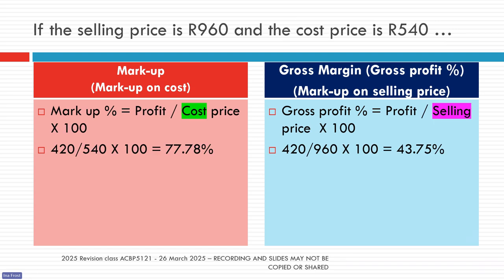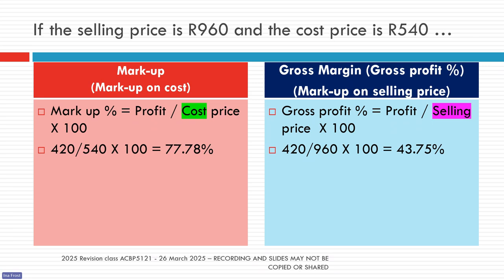If we look at it in numbers, if I am selling at 960 rands an item with an original cost price of 540 rands, the markup percentage comes to 77.78%, because I take the profit over the cost price, and the gross margin percentage is only 43.75%.